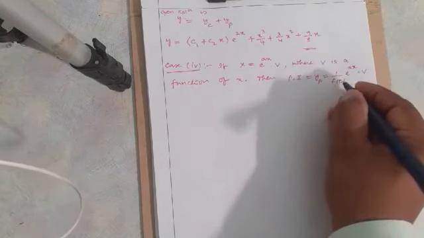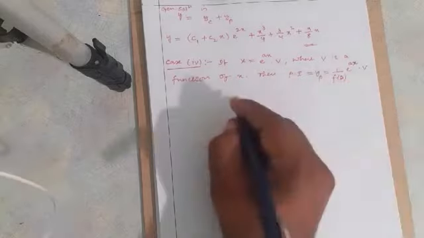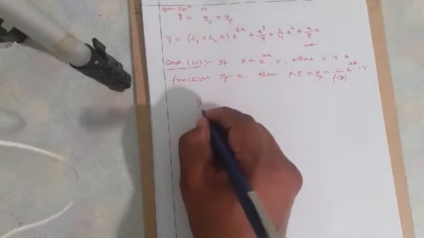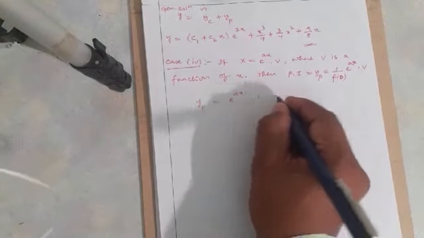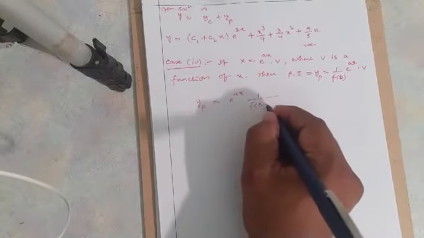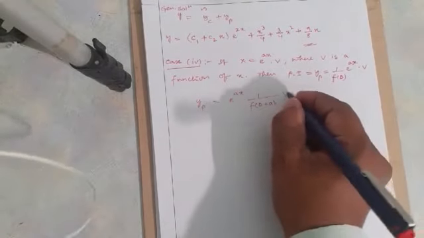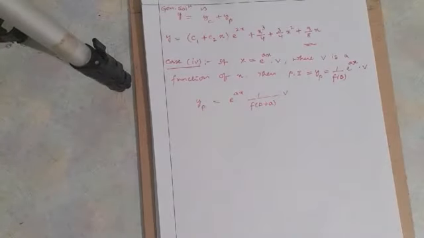So we write yp is equal to e power ax, 1 upon f of d plus a, into v. In this way we write case 4.